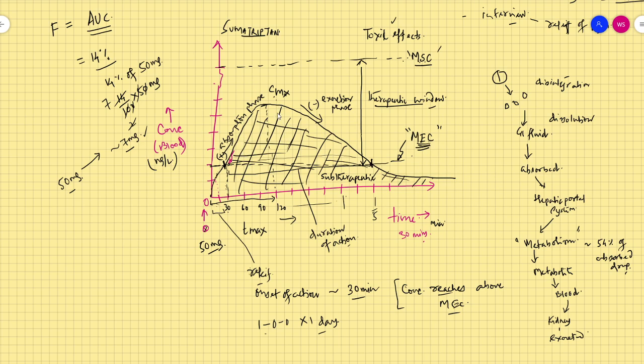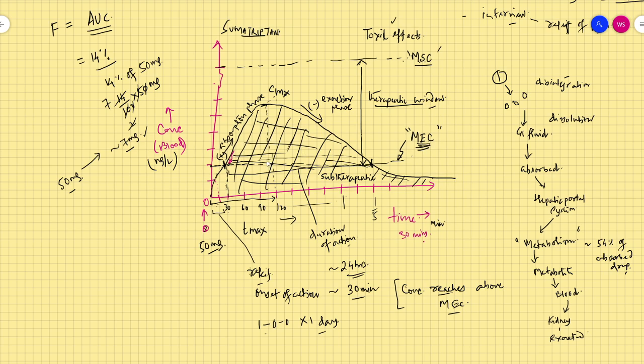Sumatriptan has another phase. Okay? The original drug sumatriptan, its curve goes up again, and there is another peak, and then it begins to reduce. Okay? So the drug effect lasts for about 24 hours. Okay?